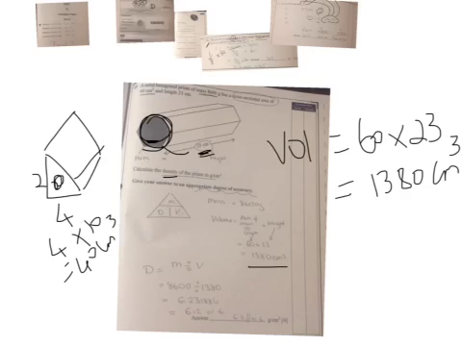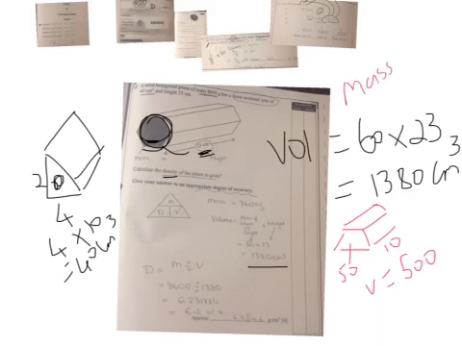So for example, if it was something like this, a trapezium base prism, and let's say the area of this front was 50, and the length of it was 10, then the volume of that would be 50 times 10, which is 500. If we knew the mass, they normally give you the mass.